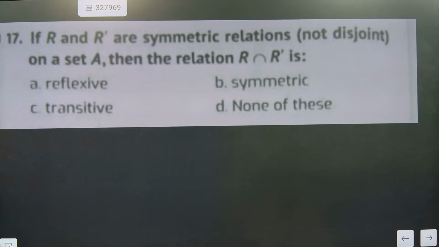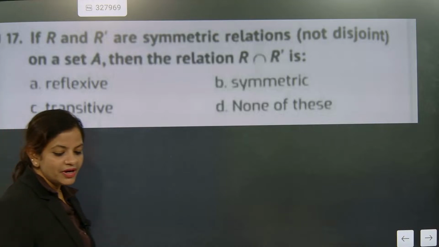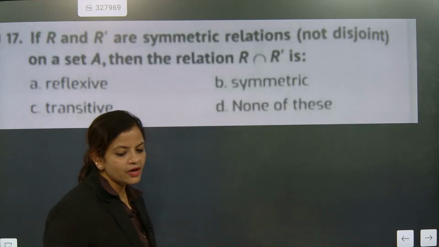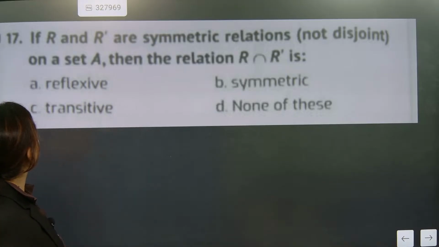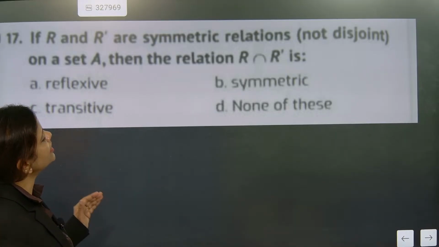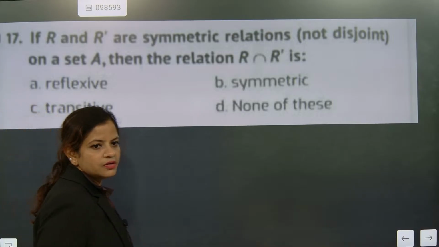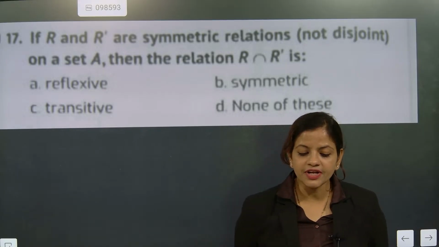Now look here. R and R dash are symmetric relations. Symmetric relations means if any element A comma B is present in R, then B comma A will also be there. On a set A, the relation R intersection R dash will be symmetric or not? Decide and say. Shivaranjani, can you tell me the answer?